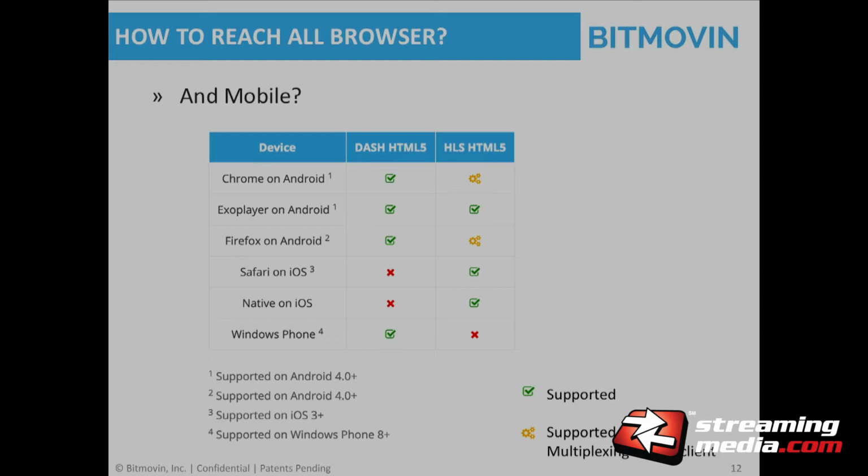So you cannot really have one unique workflow for DRM in that particular case, because you need to use HLS with DRM protection like Fairplay on those devices. And when you also want to reach browsers, you need to use MPEG-Dash with the common encryption protection on top of it. So you end up in a hybrid scenario with two forms of the content.